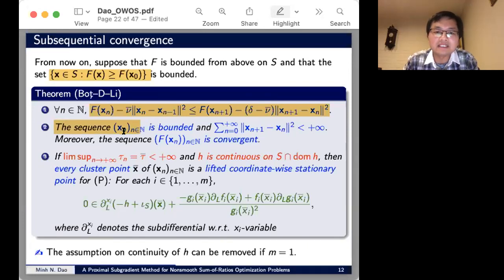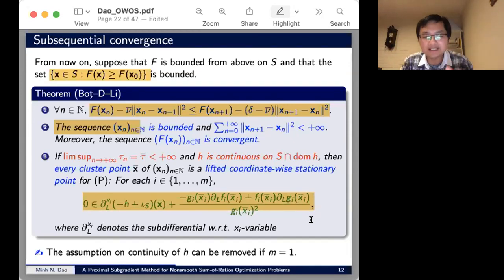Given that xn is bounded, we also have that every cluster point of xn is what we call a lifted coordinate-wise stationary point for P, and this is the definition of a lifted coordinate-wise stationary point.